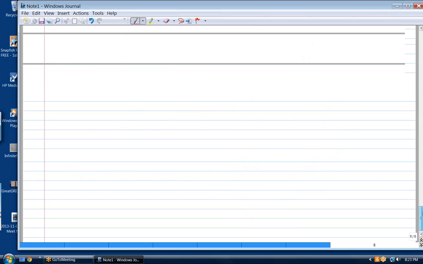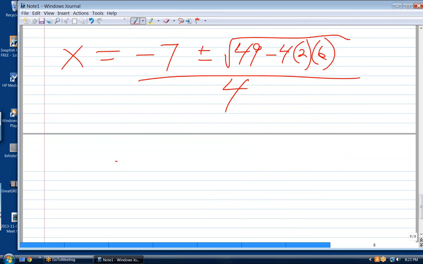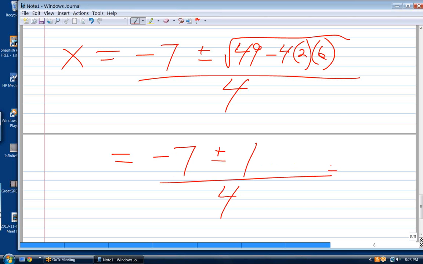So this is equal to minus 7 plus or minus what? 1. All over 4. So that's either minus 6/4 or what? It's minus 7 minus 1. Negative 2. Yeah. Okay.